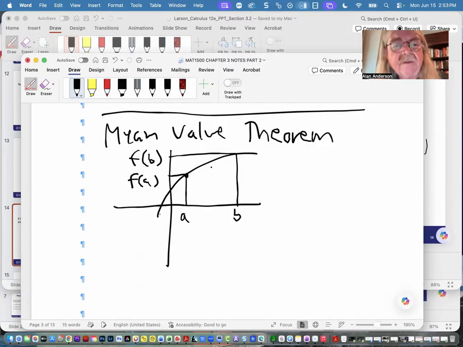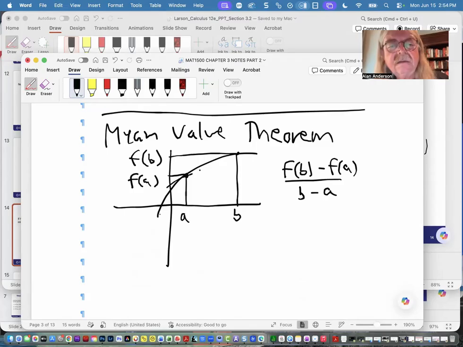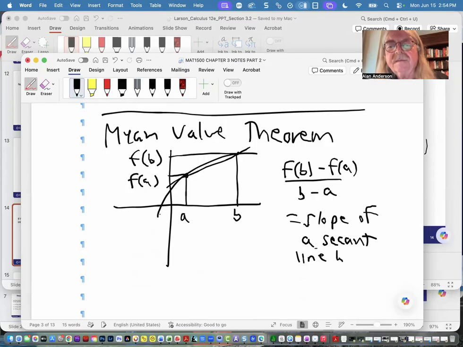Now, somewhere along the way, we did discover that f of b minus f of a over b minus a is actually the slope of a secant line that connects a and b.